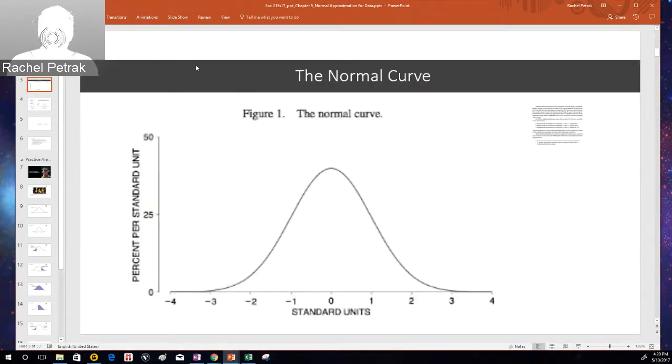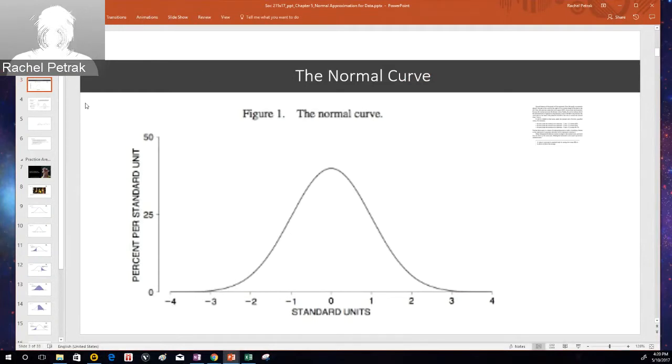So don't worry about those other types of distributions. We are just going to focus on the normal curve primarily in this class. We'll discuss one or two others, but the normal curve is used very widely, especially in social research, because lots of variables are normally distributed.